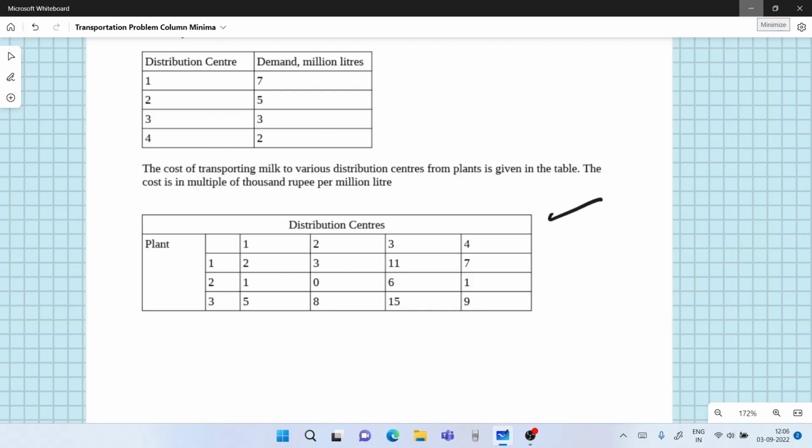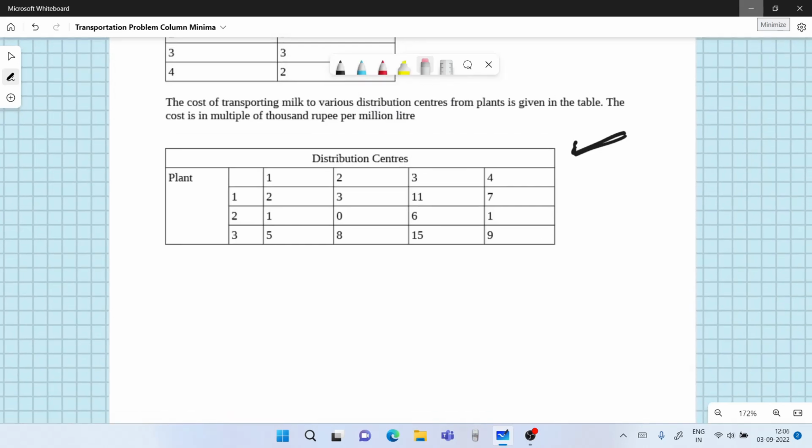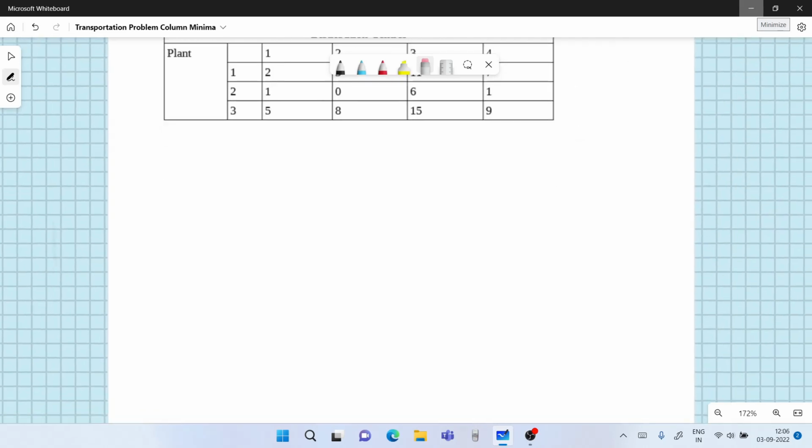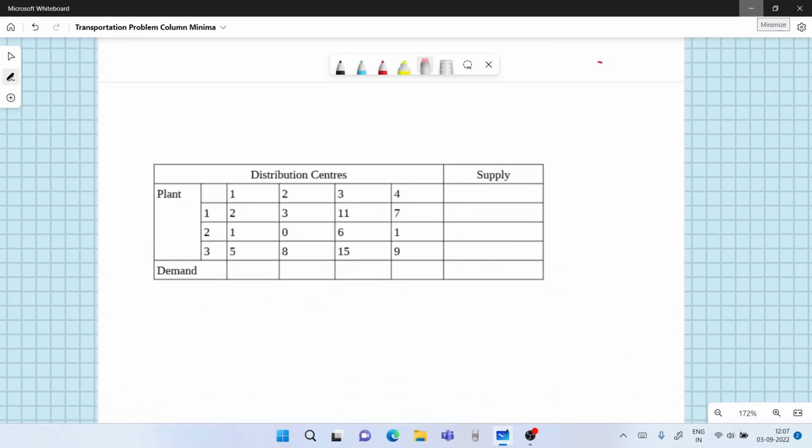For that, we copy down this table, and I have copied down the table for you. In this table, I have introduced a column on the right hand side and a row on the bottom.